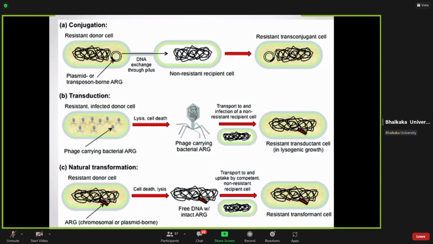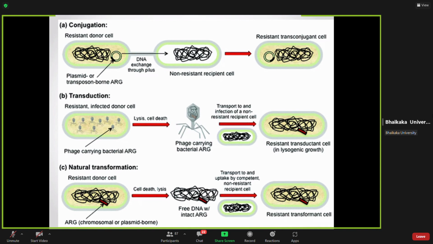Transduction is another one, where a faulty bacteriophage, faulty nucleic acid packing in the bacteriophage, will transmit the drug resistant gene to a sensitive variety of bacteria and ultimately convert the sensitive bacteria into resistant.